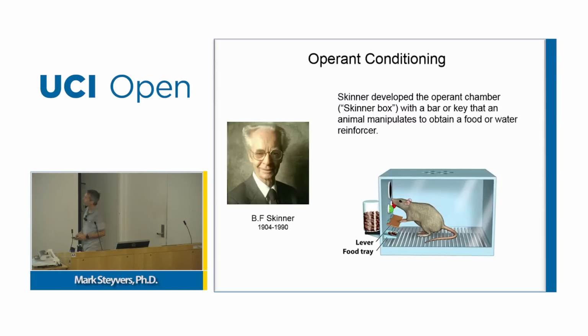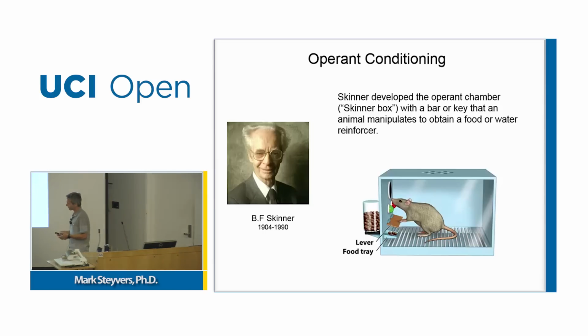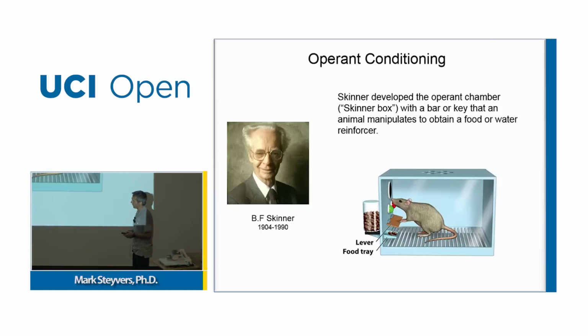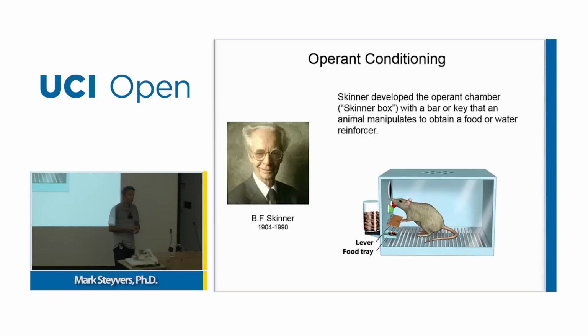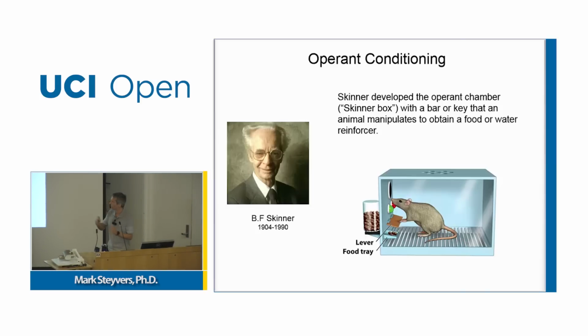Now, B.F. Skinner is arguably the most important researcher when it comes to learning, certainly in the 20th century. And he built on this research by Thorndike. So Skinner did this research decades after Thorndike's research.